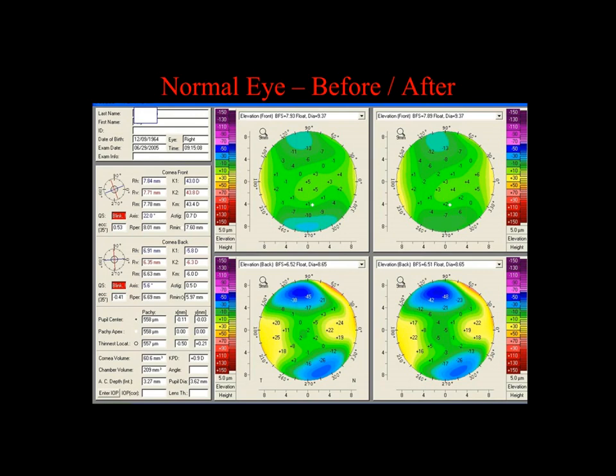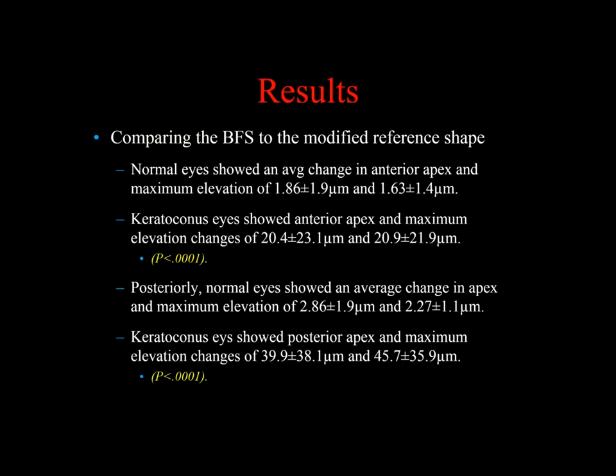And here on the upper left is the standard best fit sphere. The upper right is the enhanced, almost identical. The lower picture, again, almost identical. When we looked at a large series, I think up to 1,200, what we found was that the change going from the standard best fit to the enhanced in normal eyes was less than 2 microns, and in eyes with keratoconus on the anterior surface was roughly 20 microns, and that was highly statistically significant.